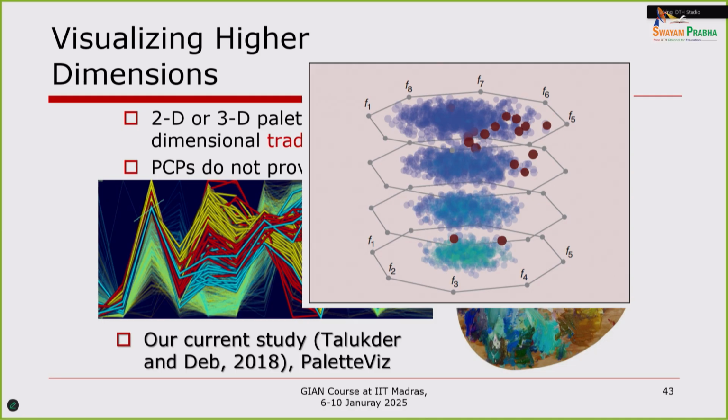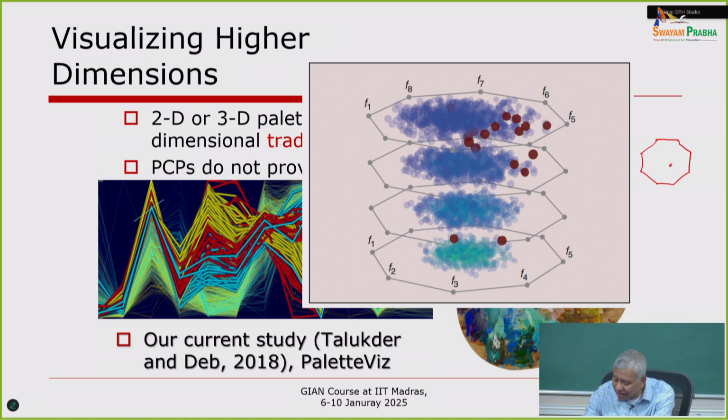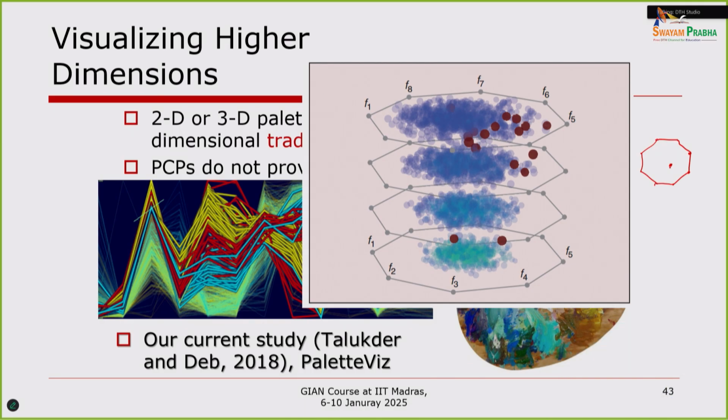What that is, if you have 8 dimensions, we have an octagon, right? Okay, and then any point you have here will have 8 values, 8 different objective values. The idea is, these are your anchor points on this octagon. You assume this point is connected with a spring to every one of them.